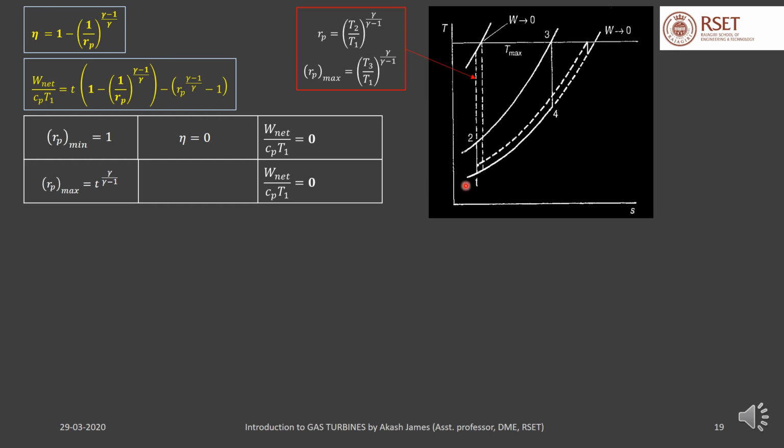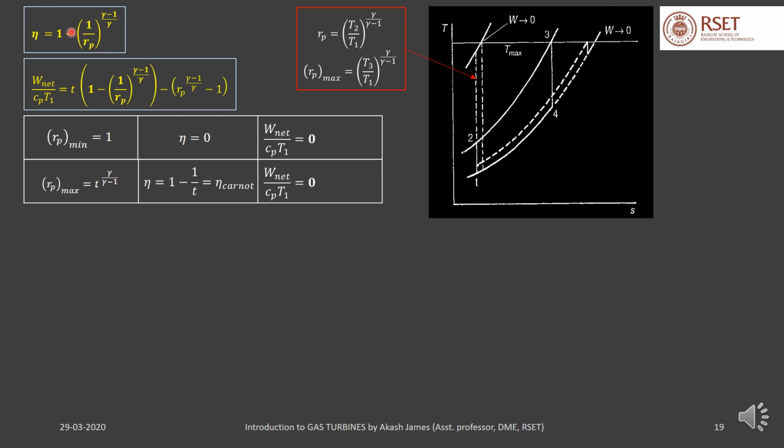Now theoretically we can say, when the pressure ratio is maximum, heat is added at a constant maximum temperature and heat is rejected at a constant minimum temperature. Now the heat added and rejected are, we assume, infinitesimal quantities. In that case, the efficiency will become the Carnot efficiency. Efficiency is equal to 1 minus 1 over t. That is the same as the Carnot efficiency of the cycle operating between the same maximum and minimum temperatures.